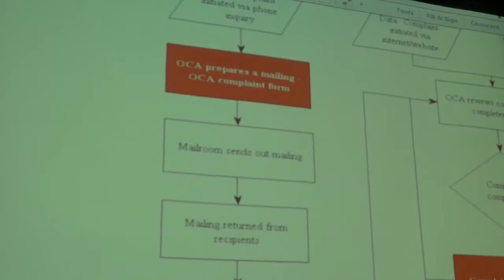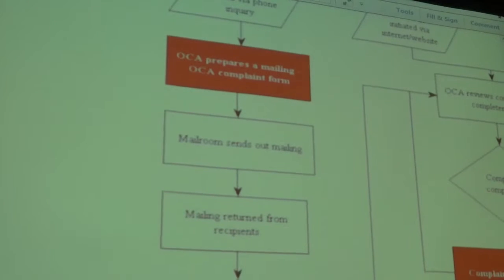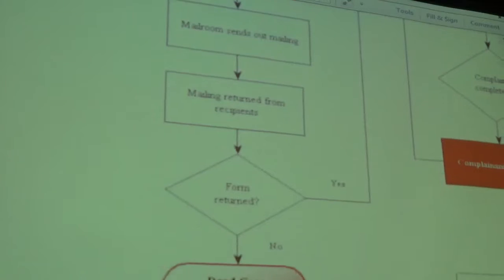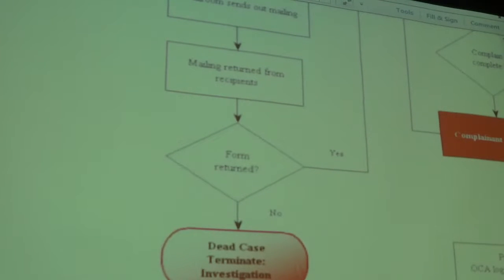Once the complaint form is mailed to the individual making the complaint, it is mailed from the recipient back to the Office of Consumer Affairs. And then there's a critical decision point. Did the person making the complaint mail the form? It's either no or yes. If it's no, then it becomes a dead case. The investigation is terminated.